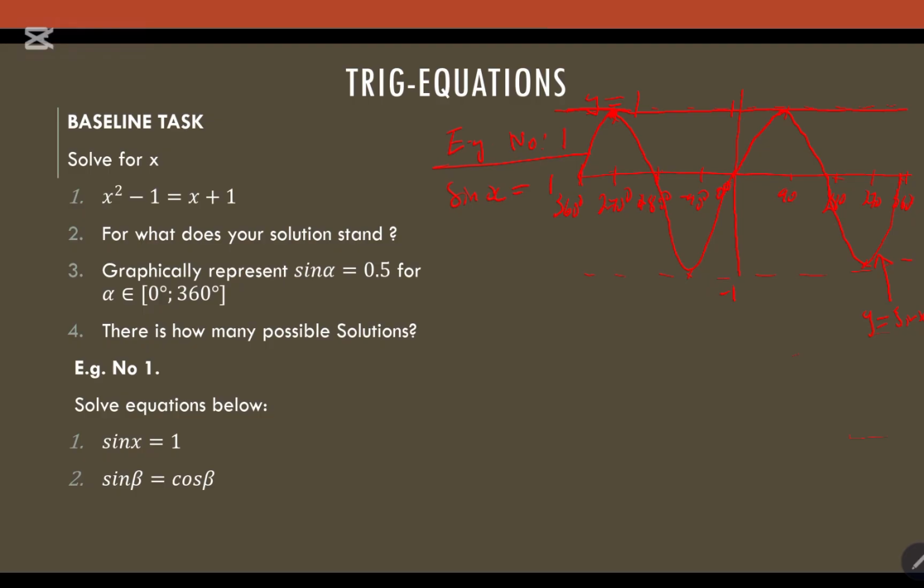Now, if we want to solve this equation, we are given sine x is equal to 1. So we simply find the angle. That will be x is equal to the arcsine of 1, and that is equal to 90 degrees. So the arcsine of 1 is 90 degrees.